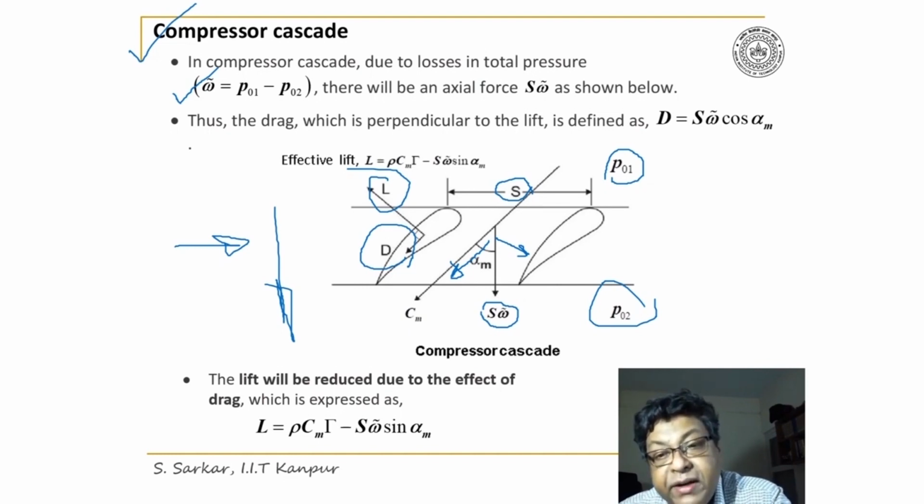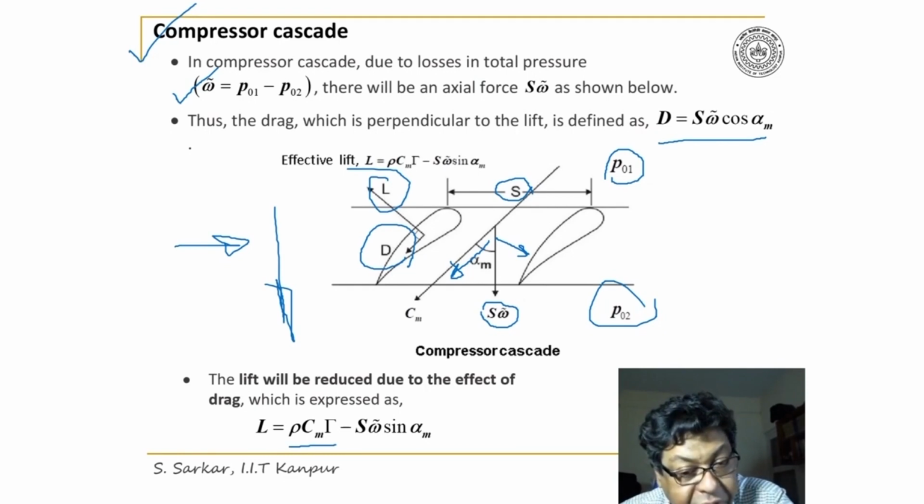So here I have written drag is equal to S into omega tilde into cos alpha m, and the effective lift as rho Cm into gamma, this is the theoretical lift, rho Cm into gamma, minus S into omega tilde into sin alpha m.